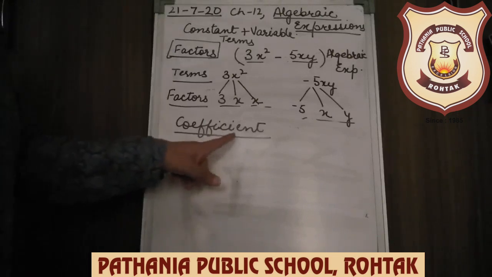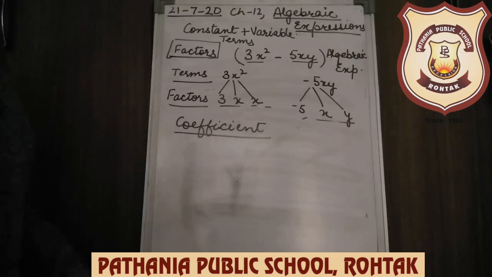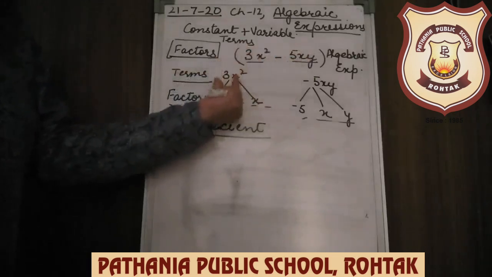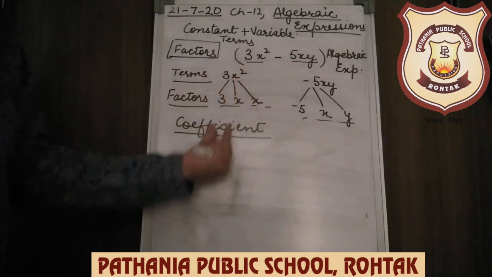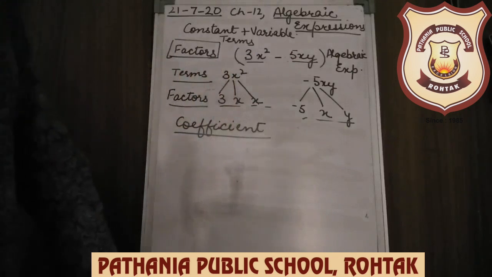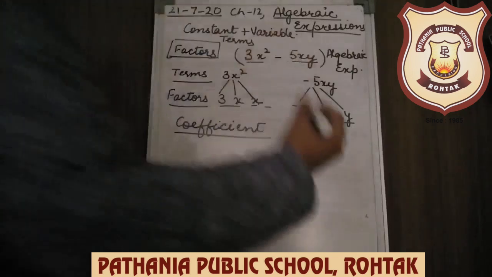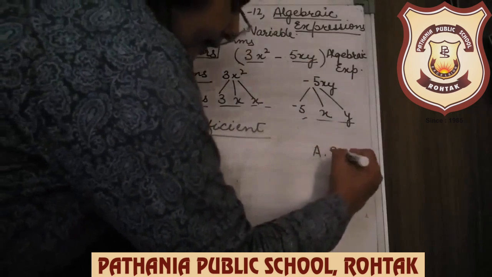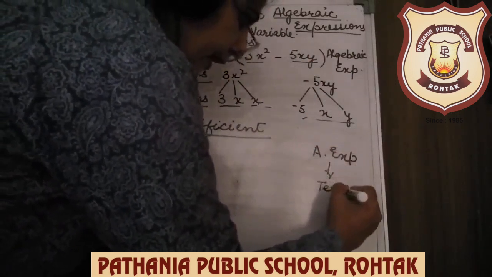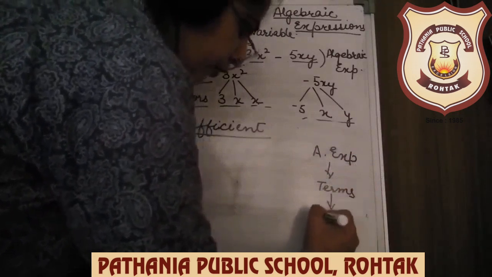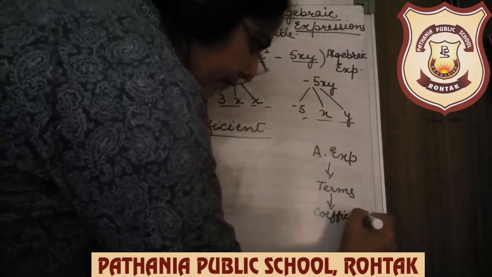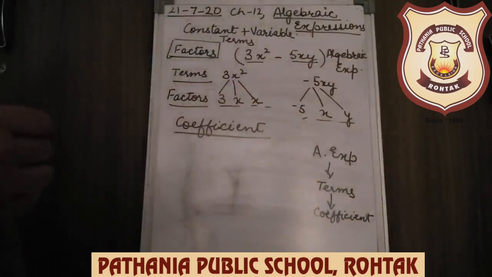We have studied that an algebraic expression is made up of terms, and the coefficient is part of the term. That will be much easier. I am writing: algebraic expression is made up of terms, and terms are made up of coefficient. That will be easier for you to understand.